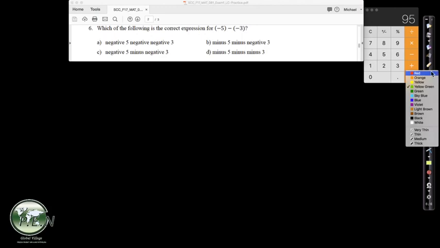Let's move on to 6. And we talked about this one in class as well. Well, actually, we talked about just about all of these, but let's take this statement here. And remember, when the sign is in front of a number, it's read as negative.